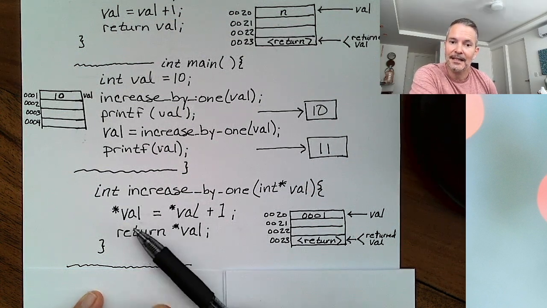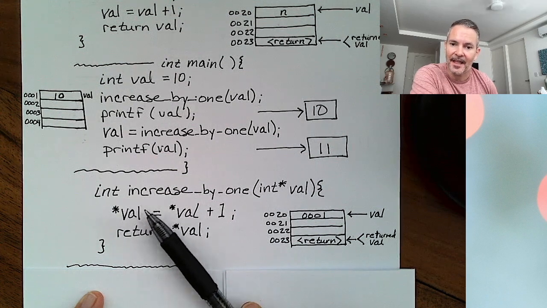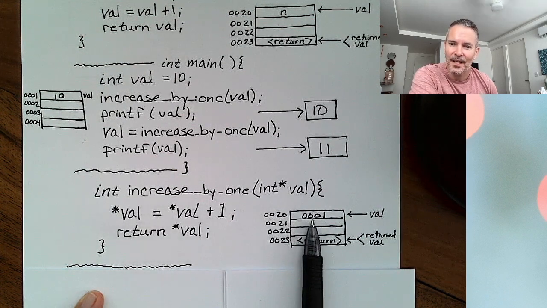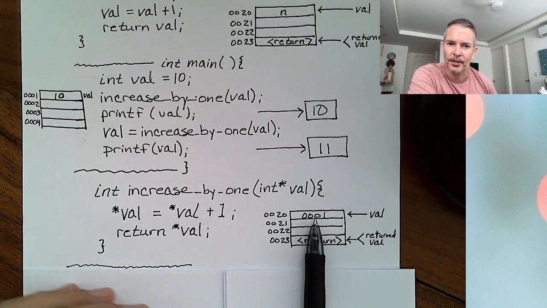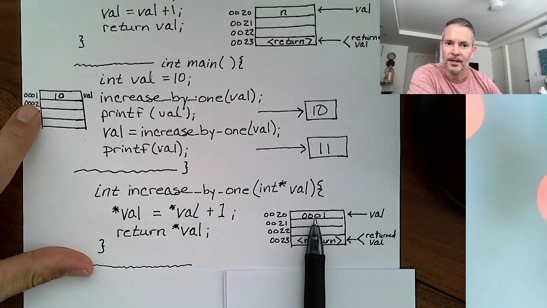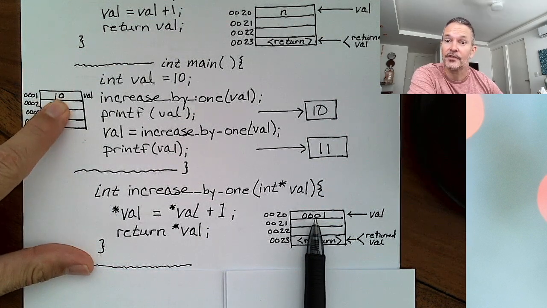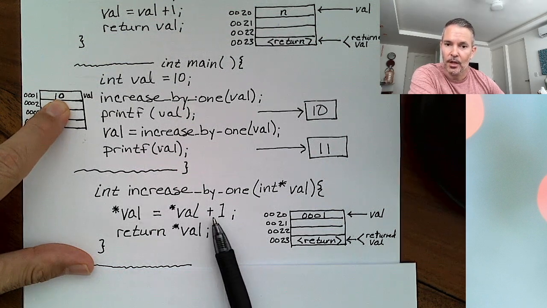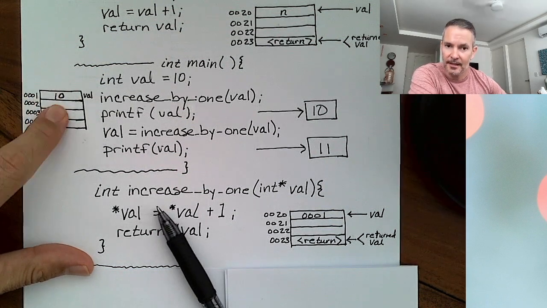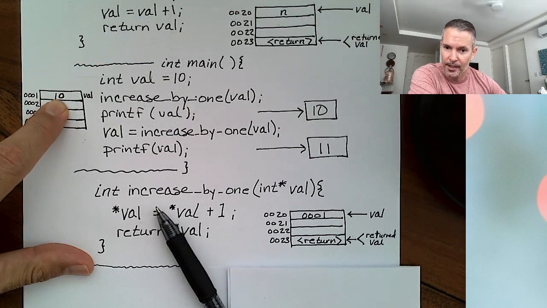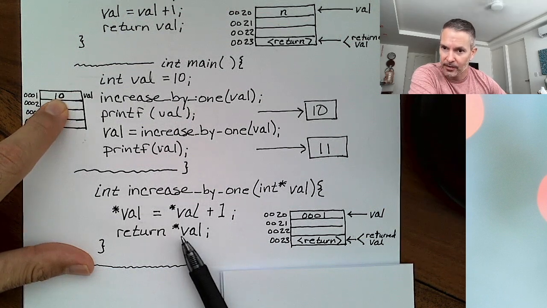But then we're immediately going to dereference that memory address. We're going to say, hey, go look up this memory address, it's over here, and tell me what value is stored in that memory address. Then we increment it by 1, and we reassign 11 into the actual memory, and then we return 11.